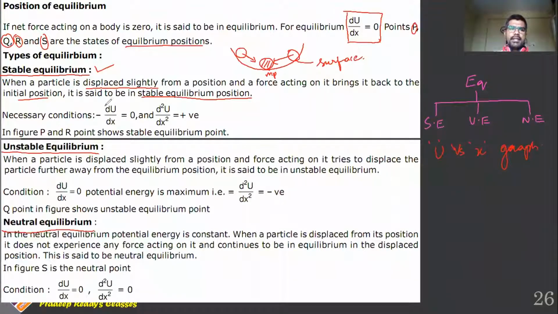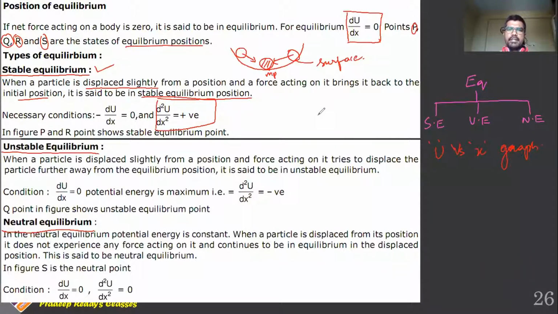The condition for stable equilibrium is d square u by dx square should be positive. If d square u by dx square is positive, then we say that the body is in stable equilibrium. And the next condition is unstable equilibrium.